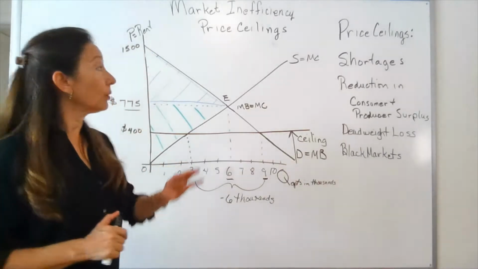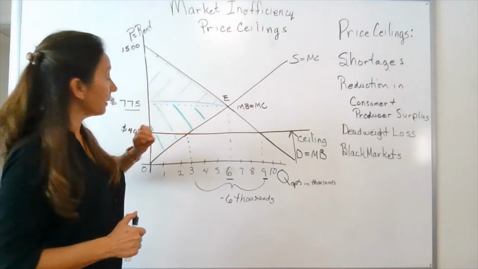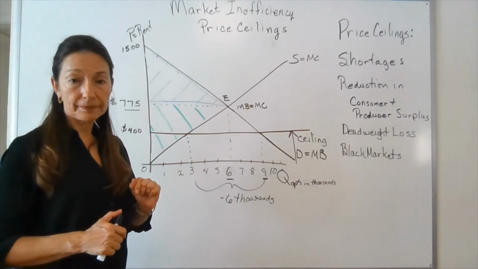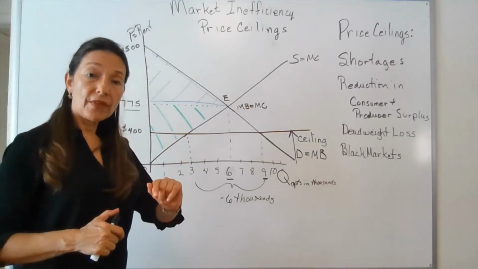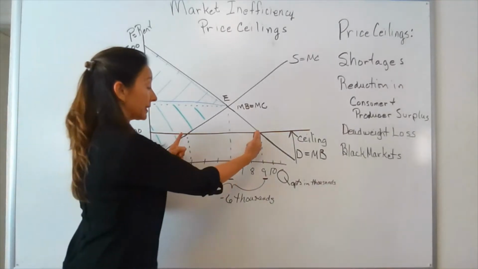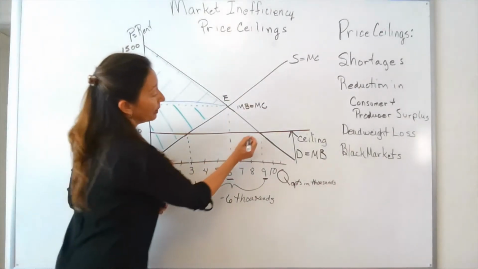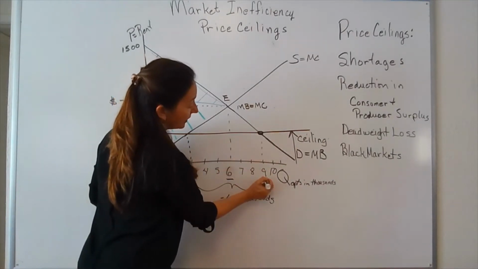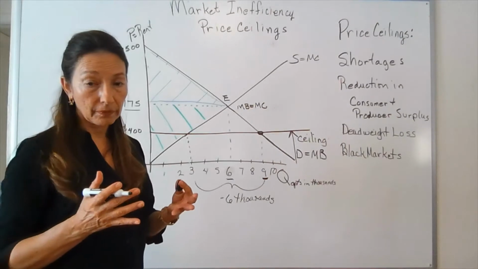Now, we already know that the triangle above the equilibrium is consumer surplus, and the triangle below equilibrium is producer surplus. We already know that a price ceiling will create a shortage. Why? Because at a price ceiling of $400, we're going to have 9,000 people out in the market looking for apartments.